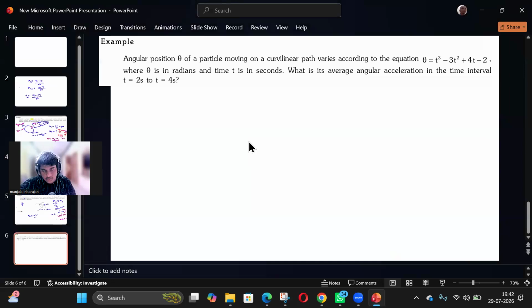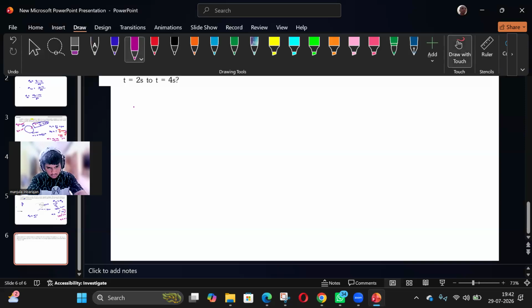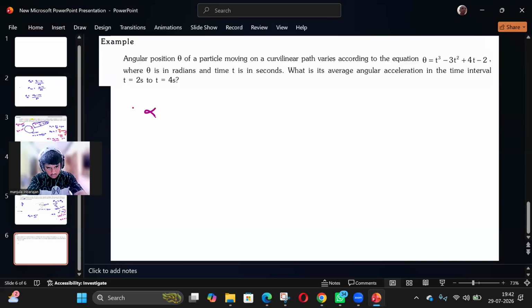We have to differentiate this one: 3t square minus 6t plus 4. The t value we have to find out. When you differentiate, what do you get? Omega. So angular acceleration alpha is omega at 4 seconds minus omega at 2 seconds, divided by the time interval.